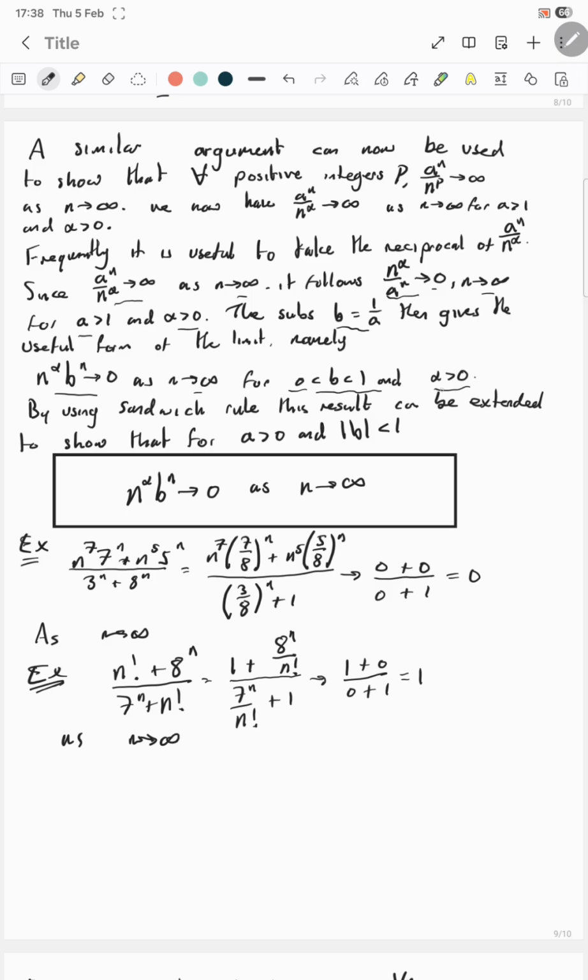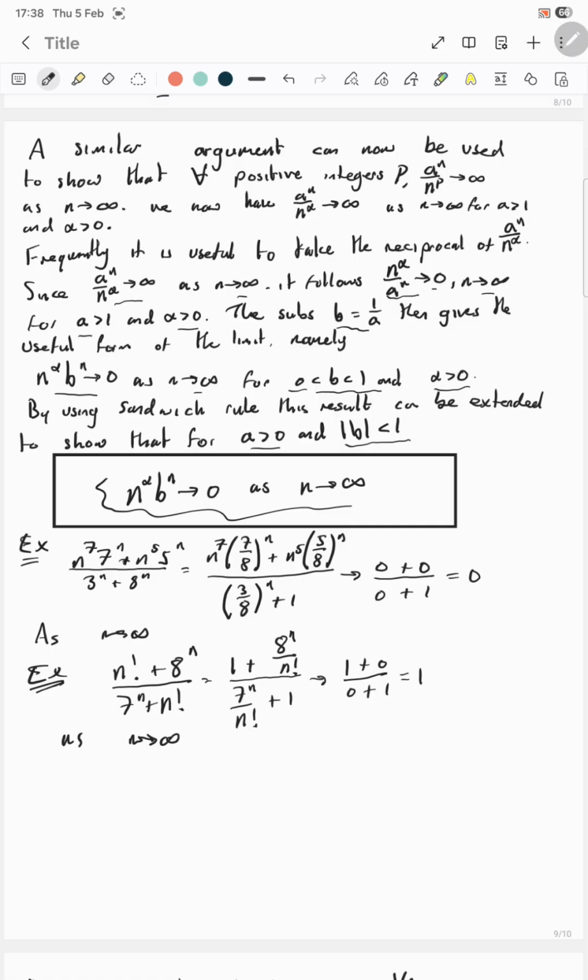Now, if alpha is greater than 0, by the sandwich rule this result can be extended to show it for alpha greater than 0 and absolute magnitude of b less than 1 here. And this is by the sandwich rule.